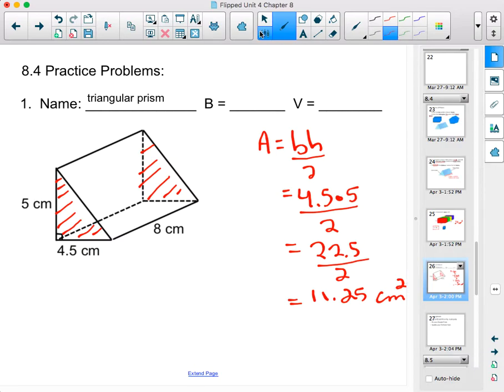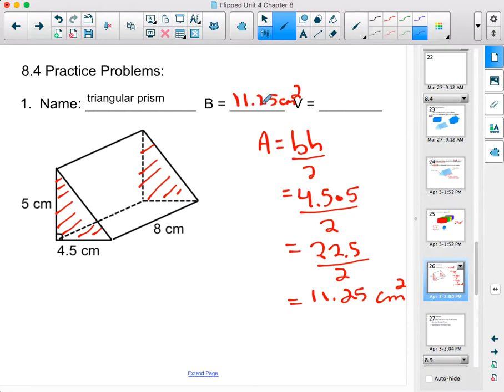Remember, big B is the area of the base. So up here in big B, I'm going to put 11.25 square centimeters. We haven't even done volume yet. So far we've just done area, right? Area of the base. I only have to find the area of one of those base shapes, not both.